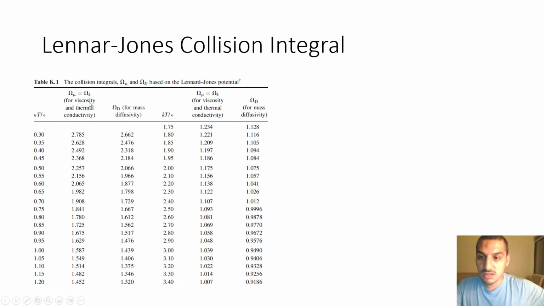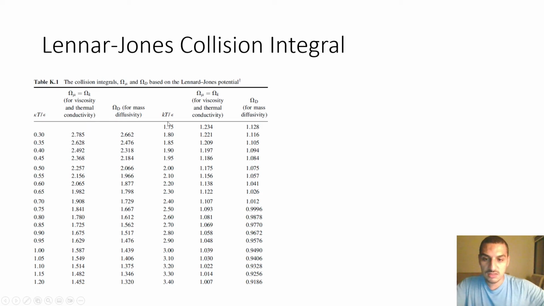There are omega mu and omega k, which are the collision integrals for thermal conductivity, or heat transfer, and for fluid mechanics, which is not what we're looking for. We have omega D here in the second column. So this is the value of kappa T over epsilon, and this is the value of omega D that we are looking for. Just look for the value of kappa T over epsilon, and you'll find the value of omega D.